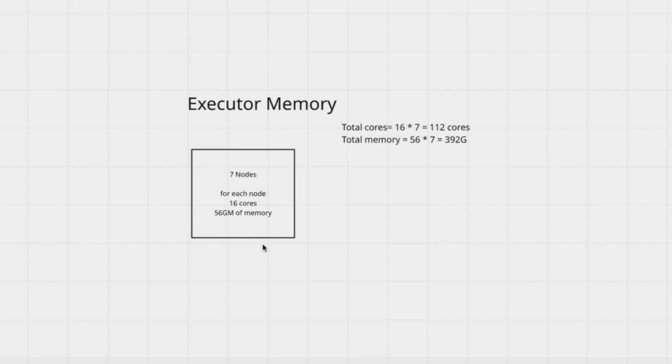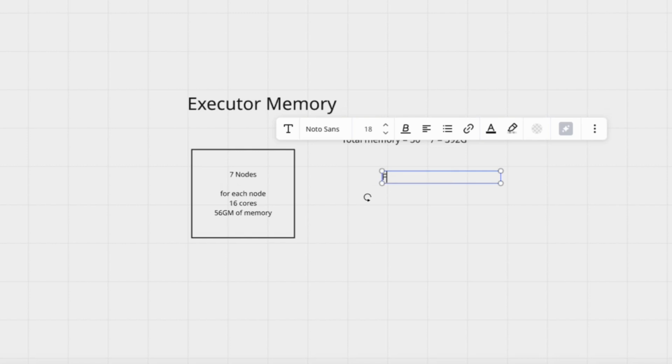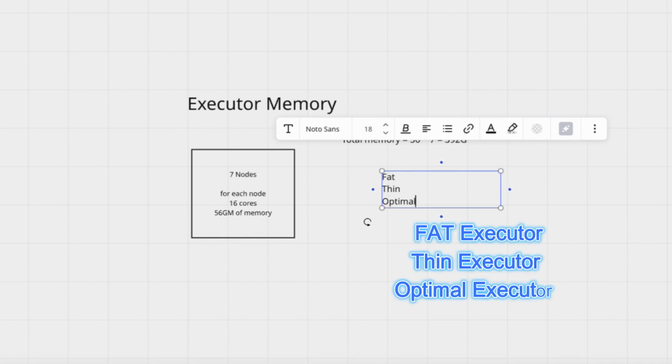The second is the thin executor, and the last one is the optimally sized executor. Fat is the extreme big one, thin is the extreme of having fewer resources allocated, and optimal is the middle of it.